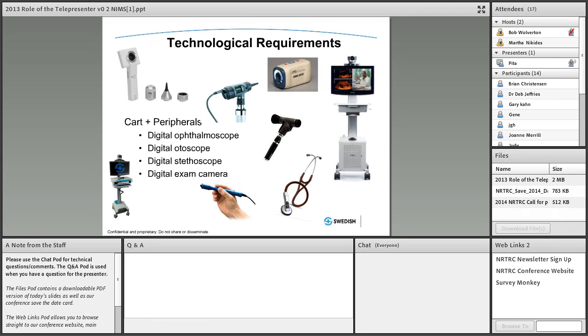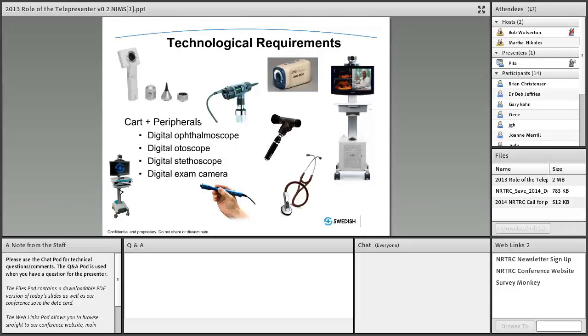This next slide is just an example of the different peripheral devices and carts that can be used. That's inpatient only. In terms of the carts, in ambulatory care, you probably don't need a cart. You can set up a PC and use that as the screen for the video conferencing piece of it. And then there are the different peripheral devices that can be used either in the acute care setting or in an ambulatory care setting.